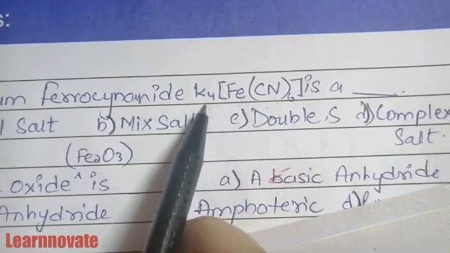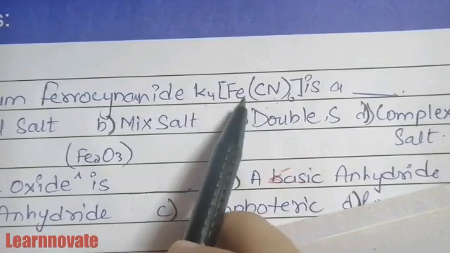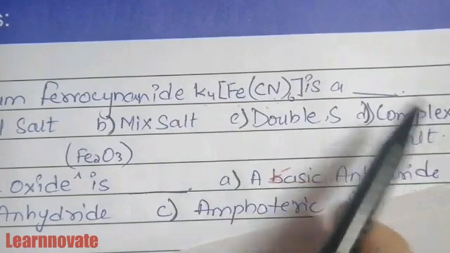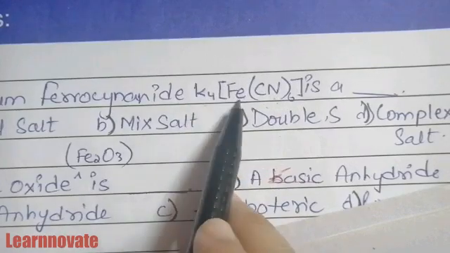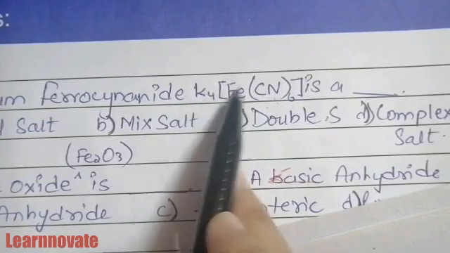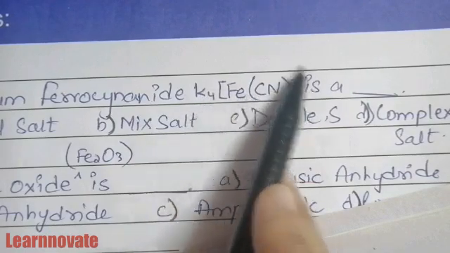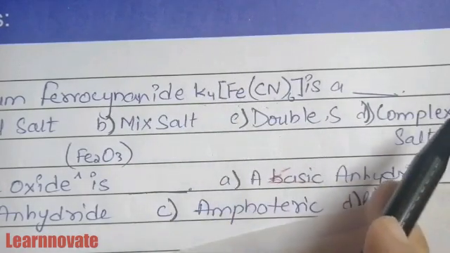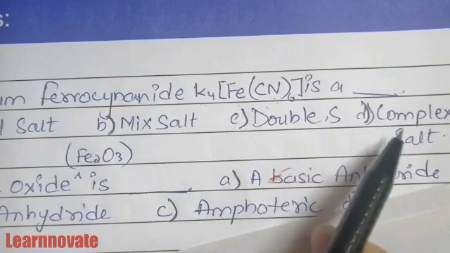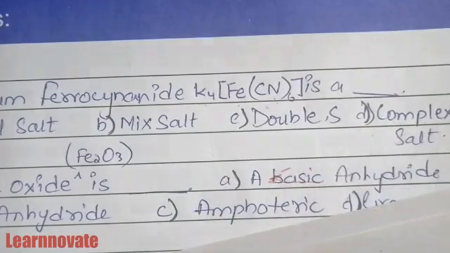All these elements are attached in a single compound, that's why this compound is called a complex salt. Why complex? Because there is a metal ion that is surrounded by the ligands, and there is again a metal ion outside the bracket. The whole complex is called a complex ion, and here it is a salt. So the answer for this question is D, that is complex salt.